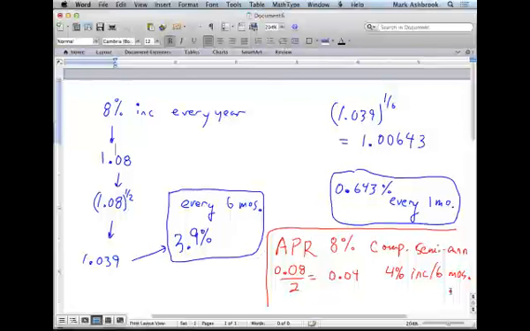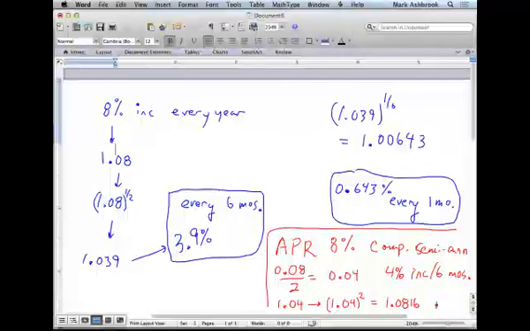You take the 4% and make it into your growth factor, 1.04, and raise it to the power 2, because it's 2 6-month periods. What'd you get? 1.0816. So it's 8.16%.